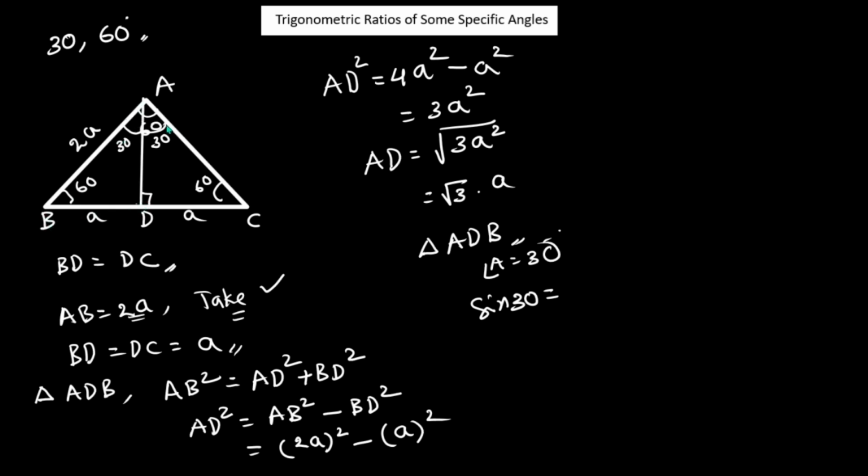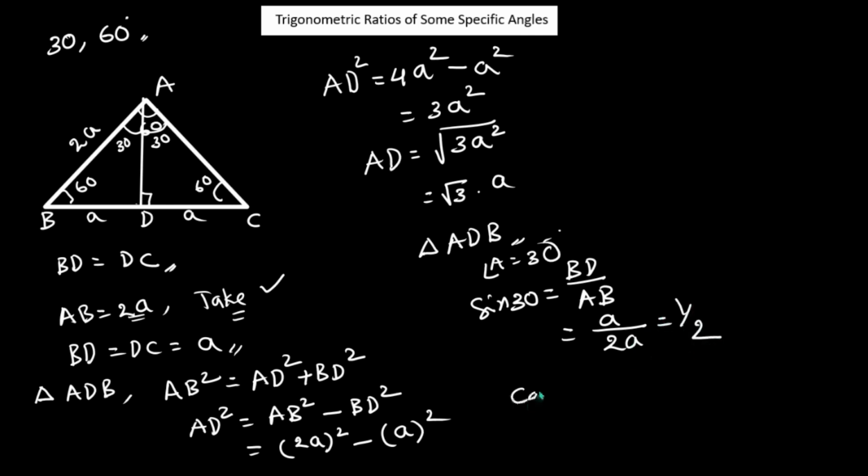If you draw this triangle separately, it will be more convenient, because two triangles can get confusing. So sine 30 is BD by AB. BD is A and the hypotenuse is 2A, so the A's cancel and we get 1 by 2. Sine 30 is 1 by 2.